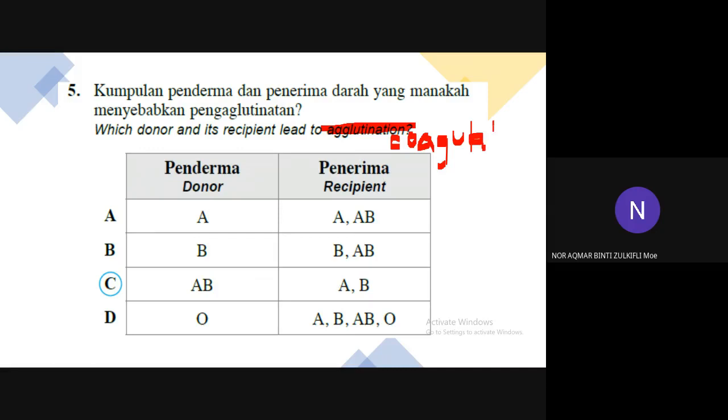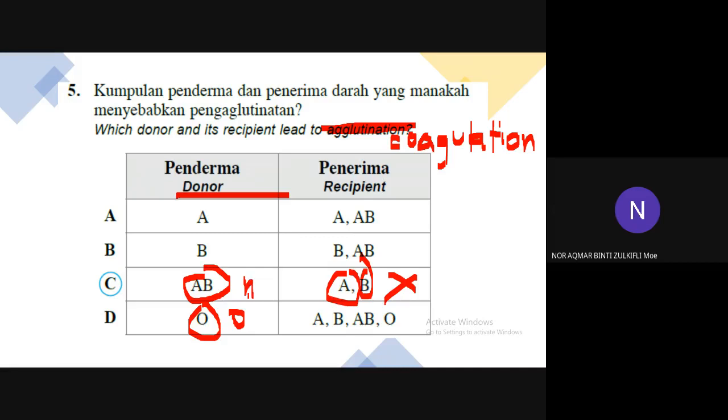Coagulation, the meaning, so you must respond to the word donor. AB only donates to AB only, not to A, not to B. This one is different: A comma B means AB can donate to A and B, so wrong. AB can donate to AB only. Same for O. O can donate to all but only receive O only. So the answer is AB only.